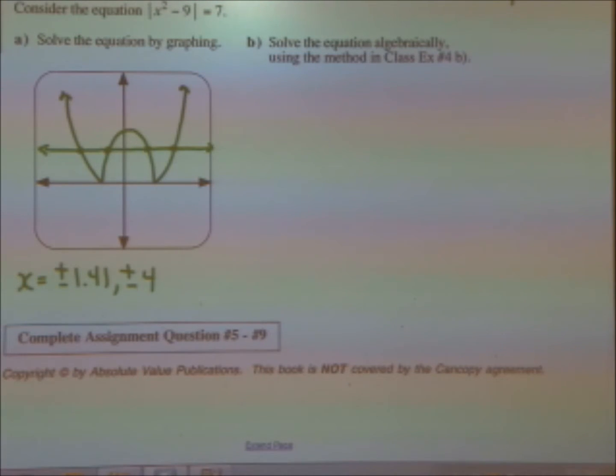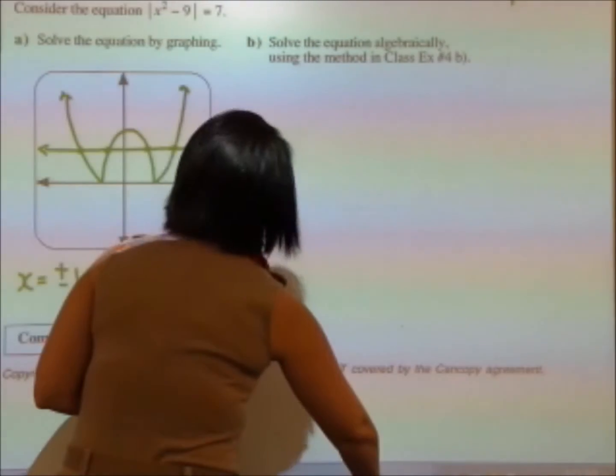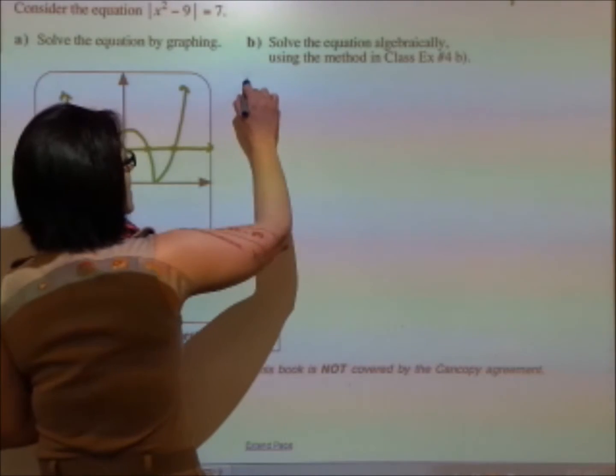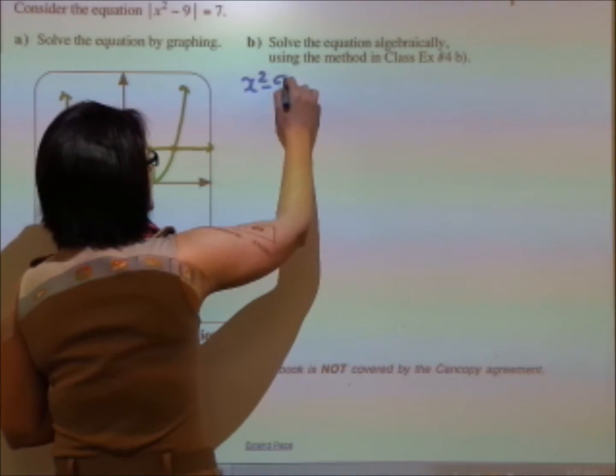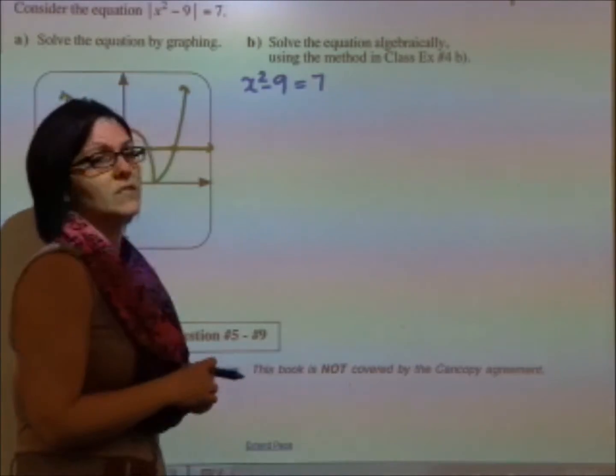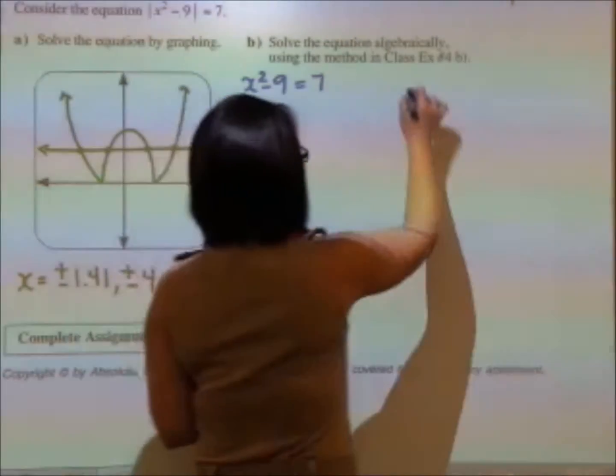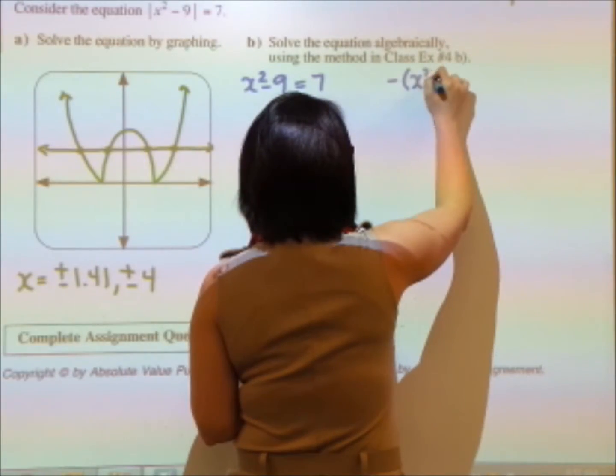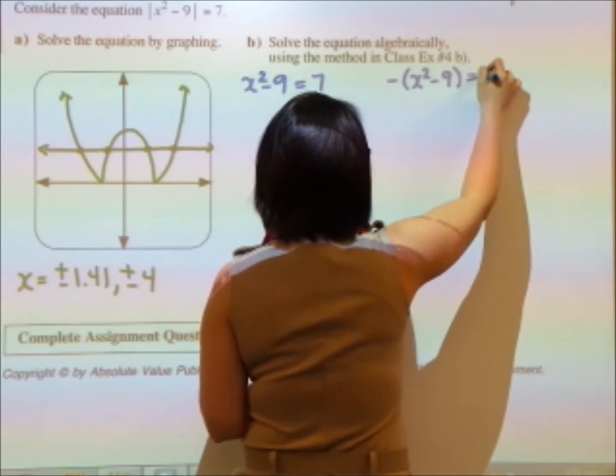If we solve the method algebraically using what we did in the previous example, I have 2 equations. I have the equation which is just x squared minus 9 equals 7. And then I have the equation which is negative x squared minus 9 equals 7.